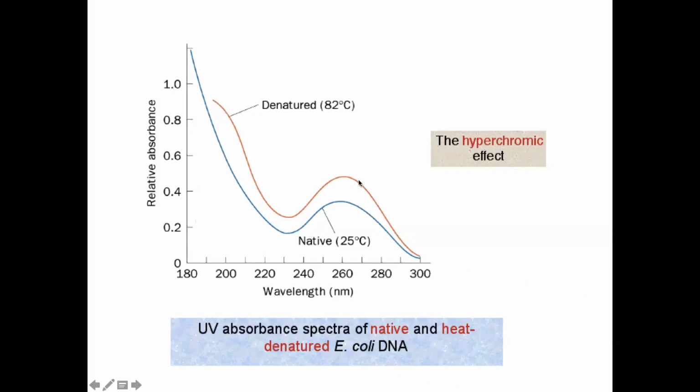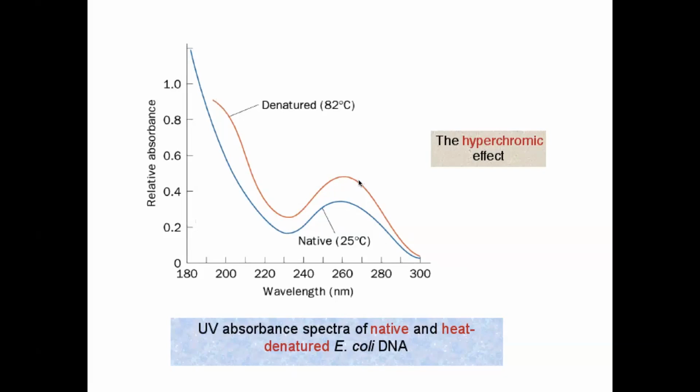So in other words, the absorbance reading increases. And that makes sense because when you denature the DNA, you convert it from the double-stranded to the single-stranded form, you expose the bases. So they're more readily accessible to absorb any available UV light. So the absorbance reading goes up.